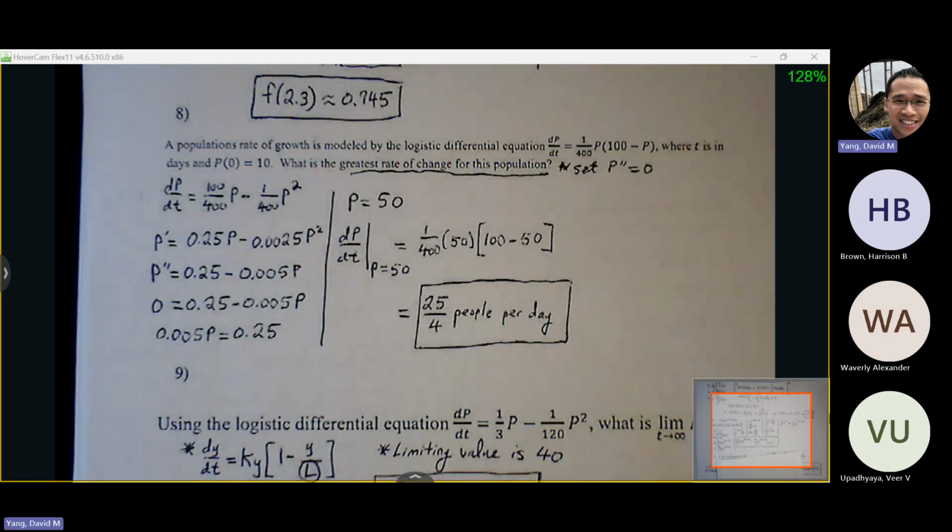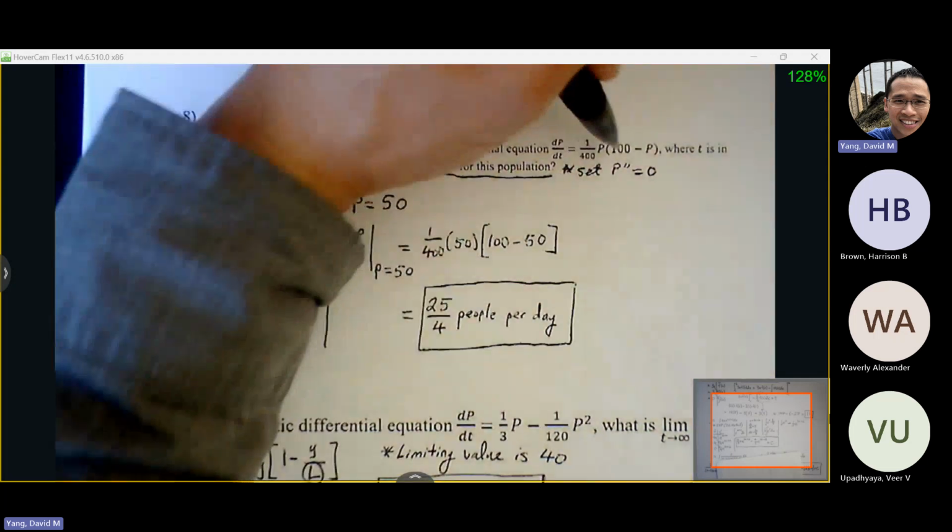What did you get for your limiting value? Take 100 and divide by 2 to get P equals 50, and then insert.